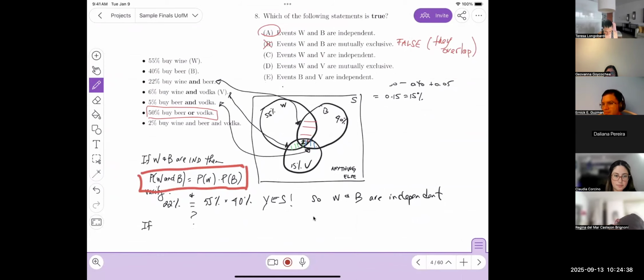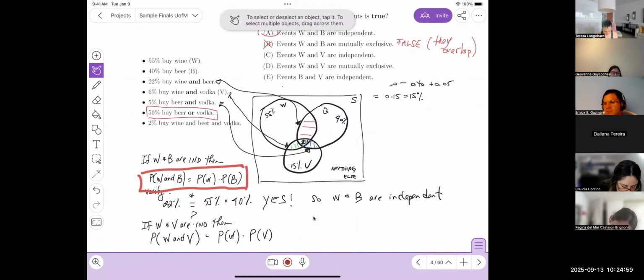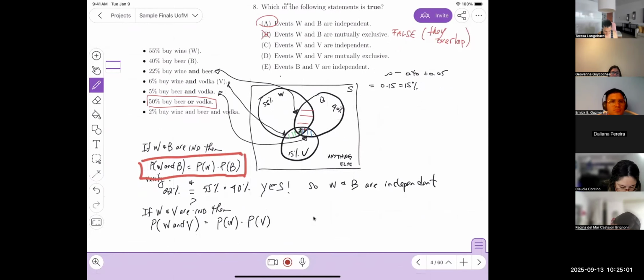If W and V are independent, then the probability of W and V is equal to the probability of W times the probability of V. So let's check. W and V is information given to me here.